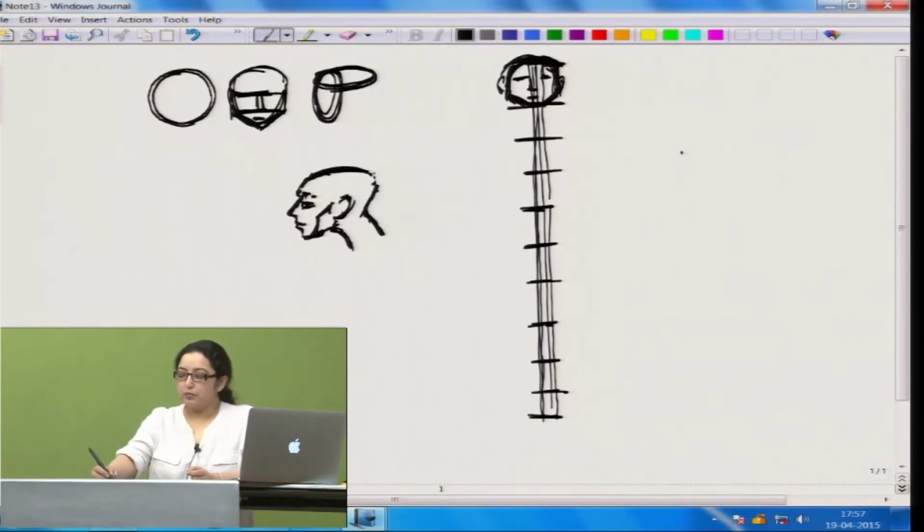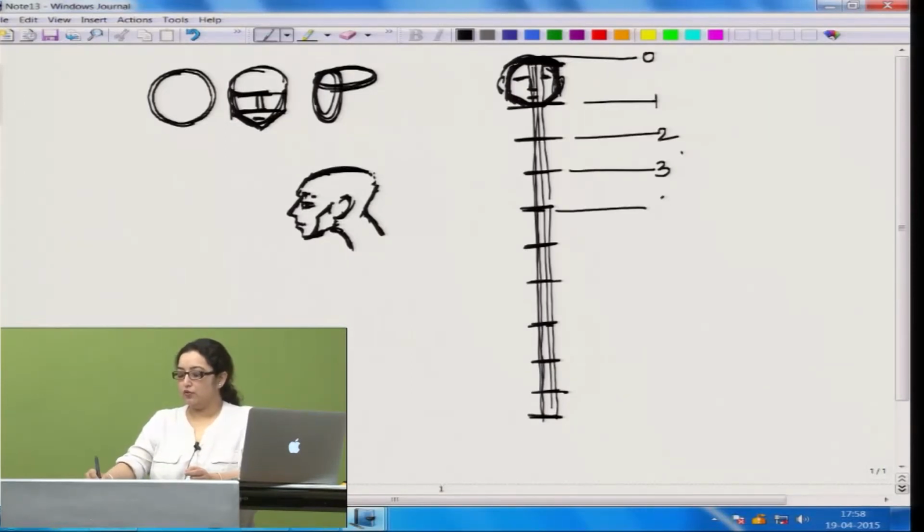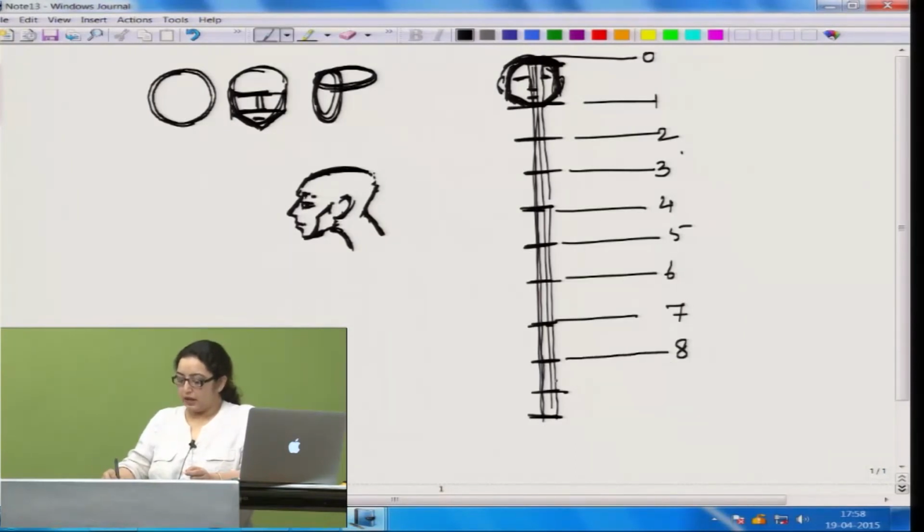And the body should be, if this is a 0, then this is 1, 2, 3, 4, 5, 6, 7, 8 and maximum 8.5, that is almost a Renaissance proportion.